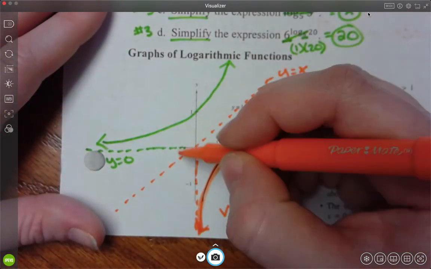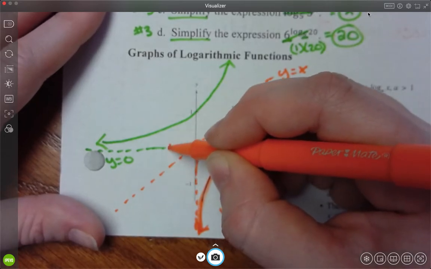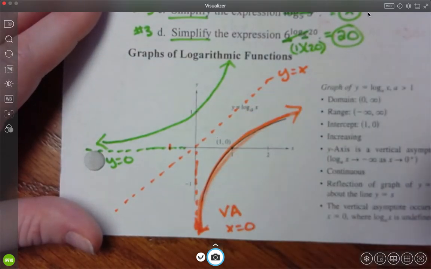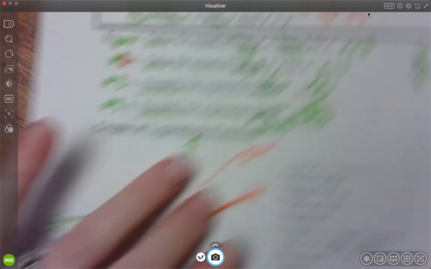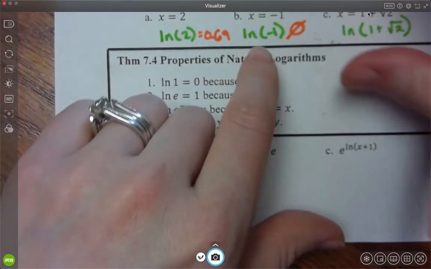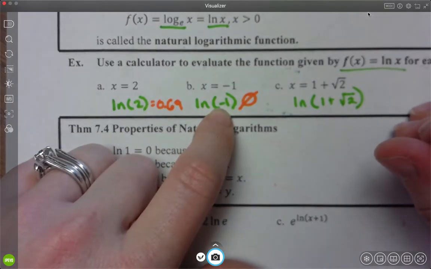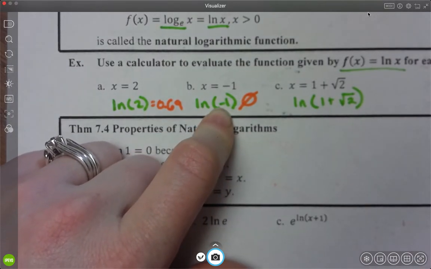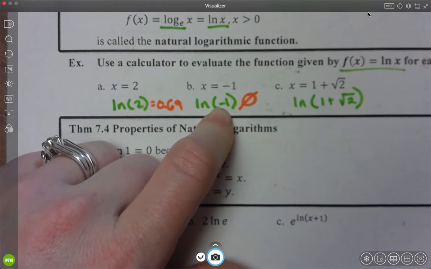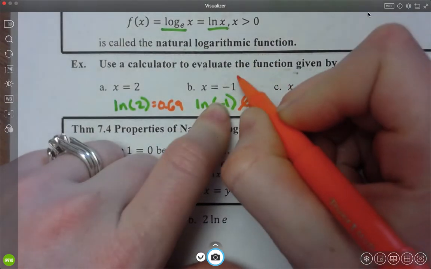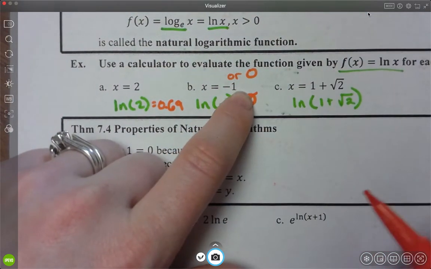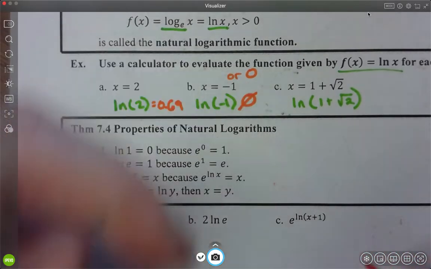So if I'm asking where it touches negative 1 on the x-axis, well, it's not going to because it doesn't go past 0. So that's why we get a domain error. Anytime you plug a negative number into a log, whether it's ln, log base 7, log base 10, log base anything, if it's a negative number or 0, you will end up with no solution or a domain error.